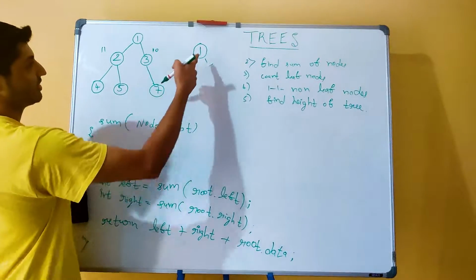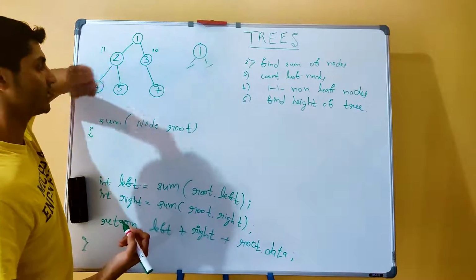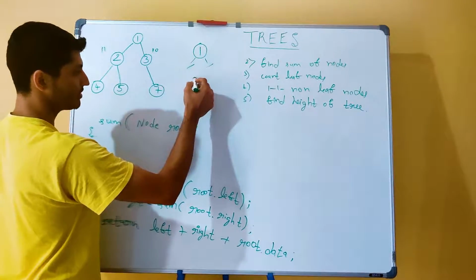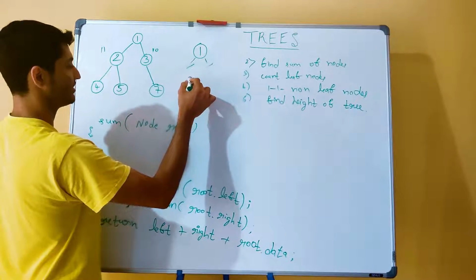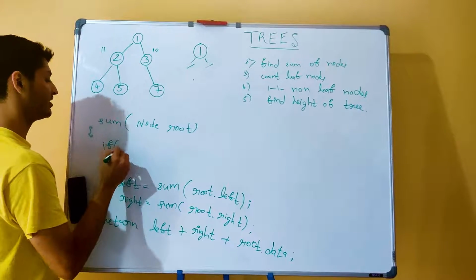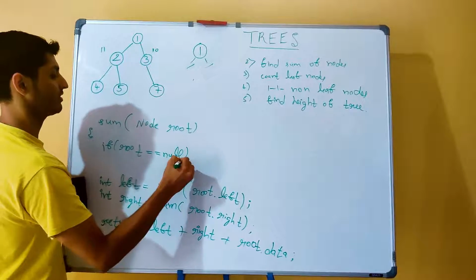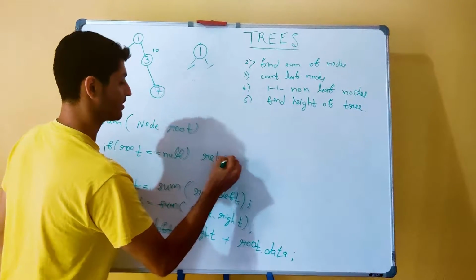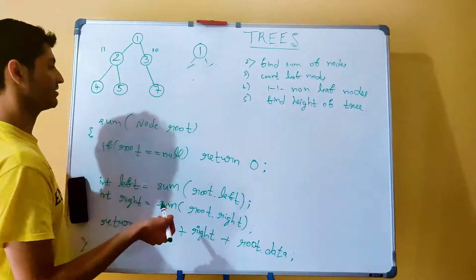So what is the sum of this tree? The sum of this tree is 1. If you are given a tree which is null, that means if root is null, then its sum would be 0 because there are no nodes, so there is no data, the sum is 0.